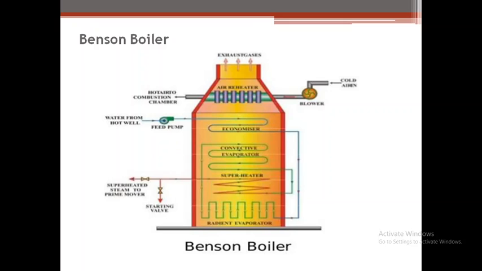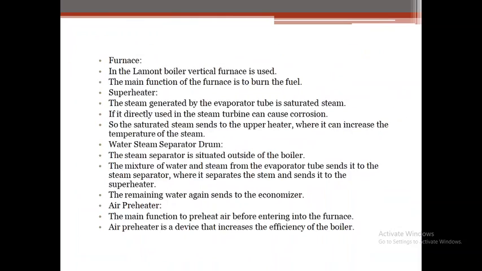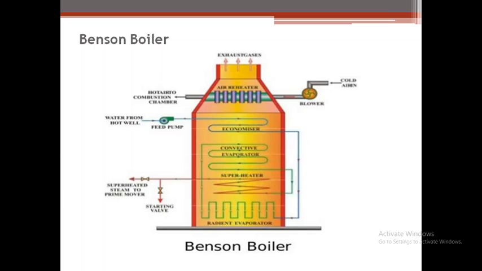You can see in the Lamont boiler it was there, but in Benson the construction is similar, but here the steam separating drum is absent. The entire process of heating, steam generation and superheating is done in a single continuous tube. Let us see the different parts and their functions.